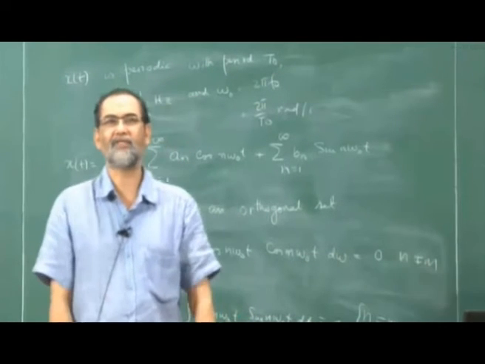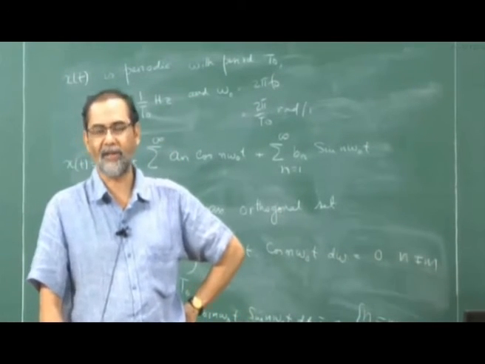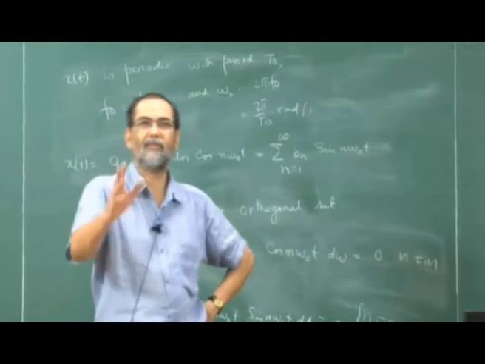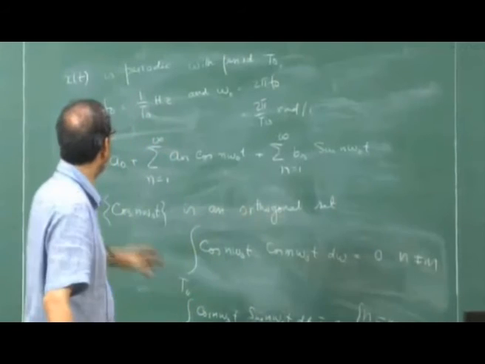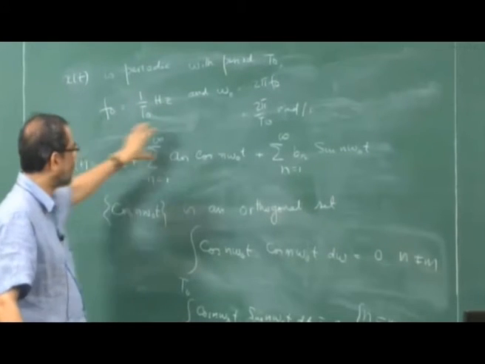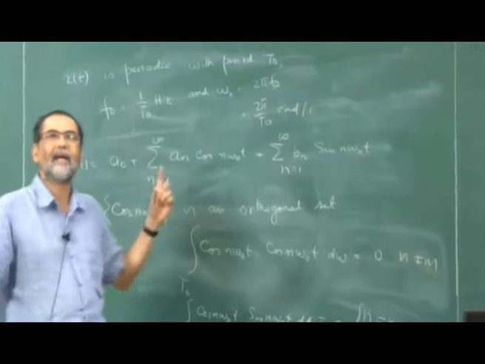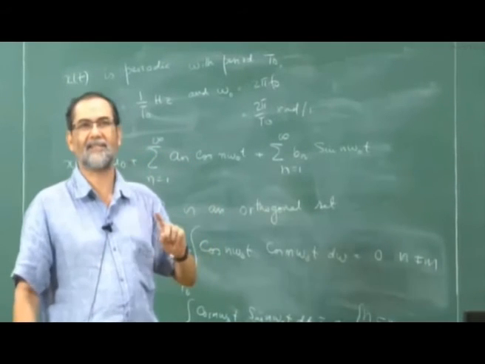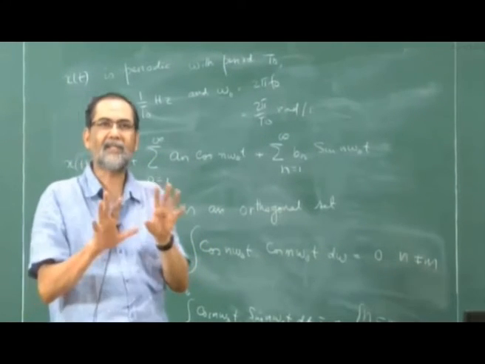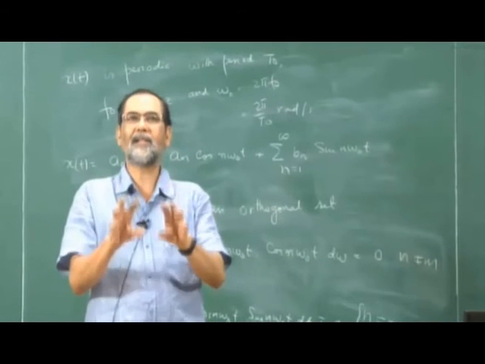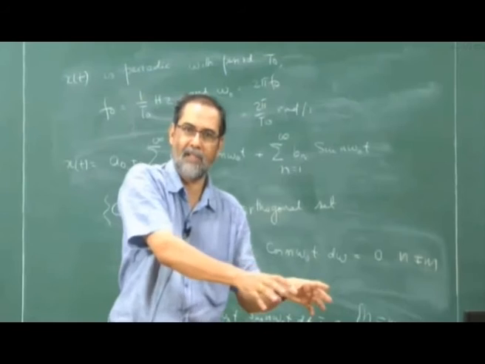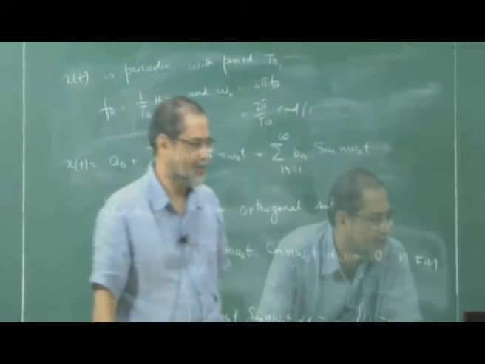If a function satisfies these three conditions, called the Dirichlet conditions, then a Fourier series for it exists, and the left hand side and right hand side will be equal in the mean square sense. That's what we had to state for Fourier series. I'm going to make a similar statement for Fourier transform, but just wait for another 5-10 minutes.